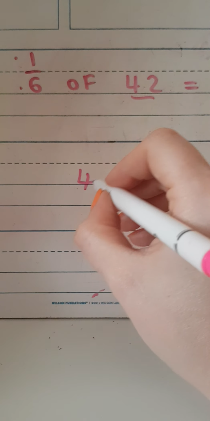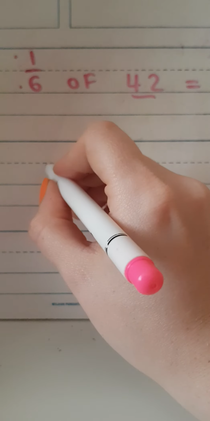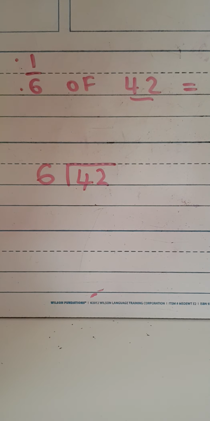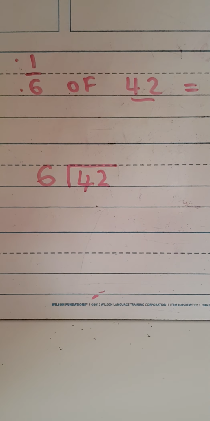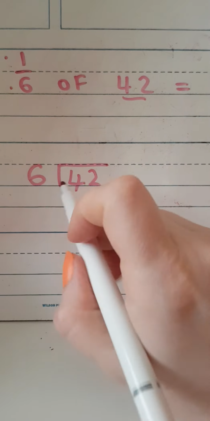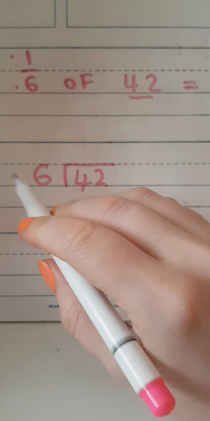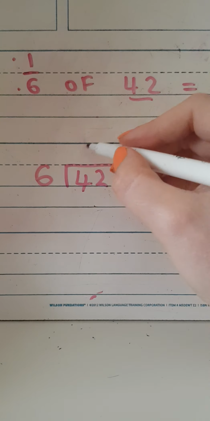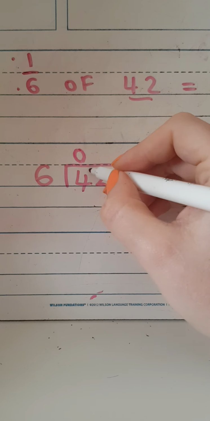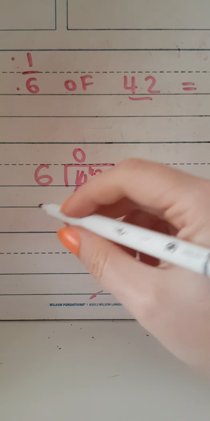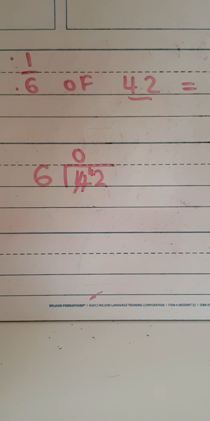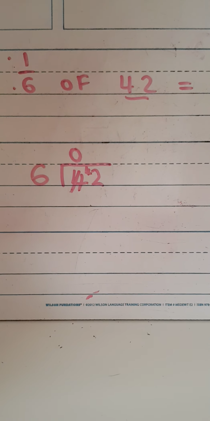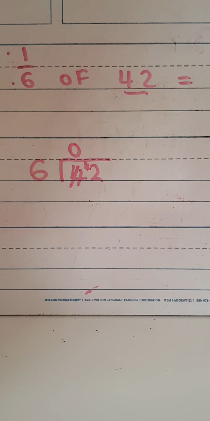So 42 divided by 6. If you know your 6 times tables, you don't have to do it like this, but it might be a good way to start. So 6 into 4. 6, if I had a size 6 foot, it wouldn't fit into a size 4 shoe, so it doesn't fit. And I carry over the 4. 6 into 42, I have to use my 6 times tables. Remember, you can draw groups or you can use your tables.